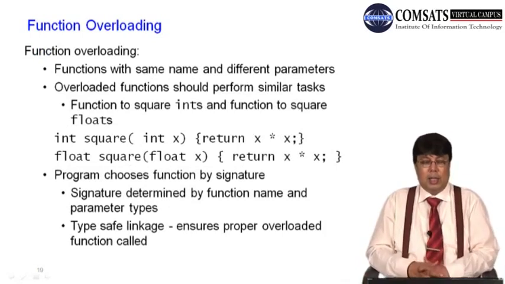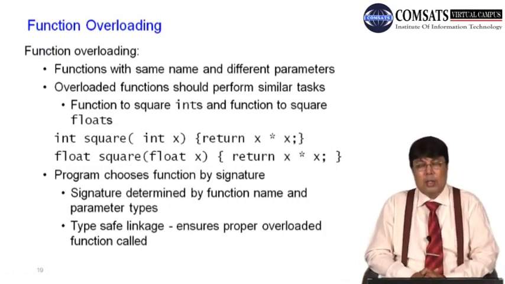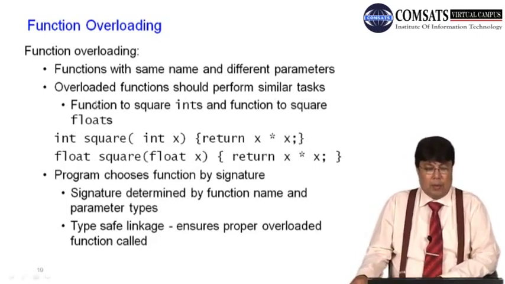Function overloading is a very interesting feature available in C++. Basically we can have the same name of the function but different types of arguments. For example, we can define int square(int x), and then we can use the same name with float square(float x).